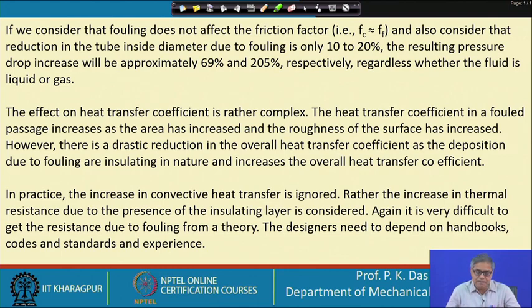So, you see a 20% reduction in the diameter will give us a 205% increase in pressure drop, assuming that the friction factor has not changed, and also that we are maintaining the same mass flow rate. We are assuming that the geometrical shape has not changed much. So, crudely, it gives some idea of how pressure drop is affected.